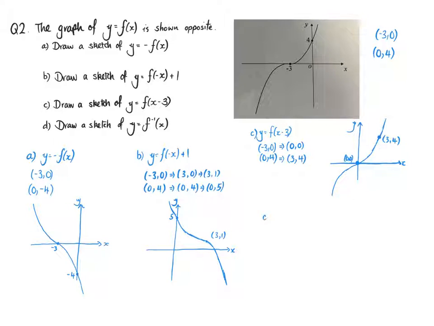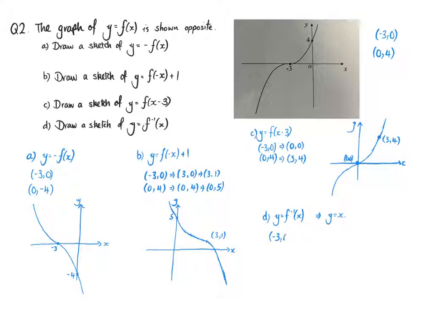Not forgetting to write our x and our y on our axes every time. Okay, so D, we have been asked to draw y equals f to the minus 1 of x. Okay, I know we'd only just done this kind of before the holidays, but this is a graph that's reflected in y equals x. So what you do is you need to change round the x and the y coordinates.